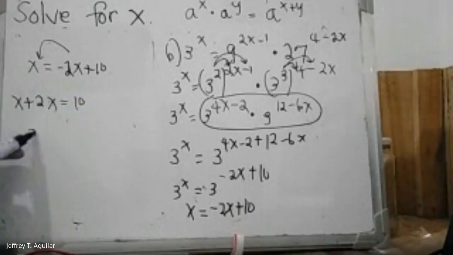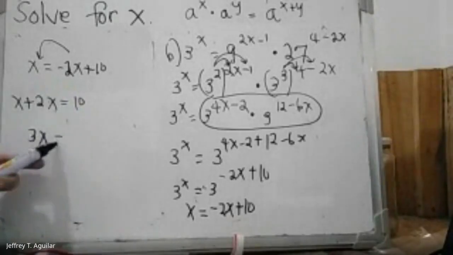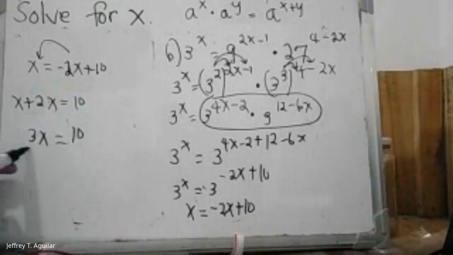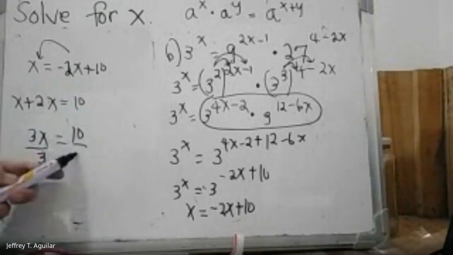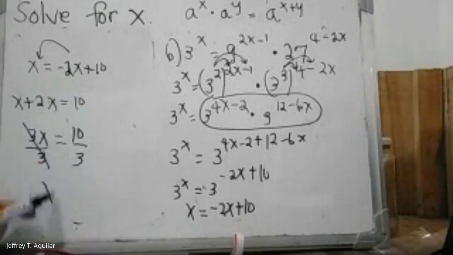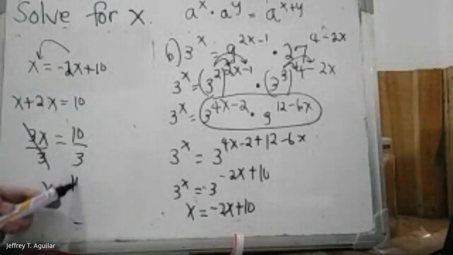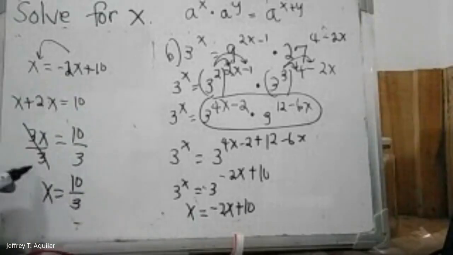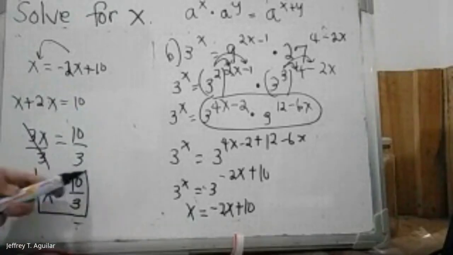Simplifying x plus 2x, that is 3x equals 10. Divide both sides by 3. Cancel that. So therefore, our x value is 10 over 3. This is now our answer.